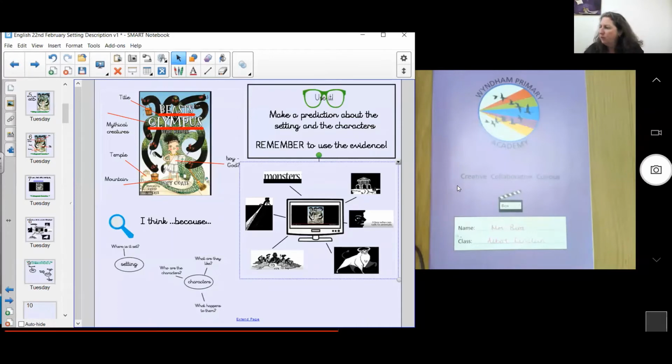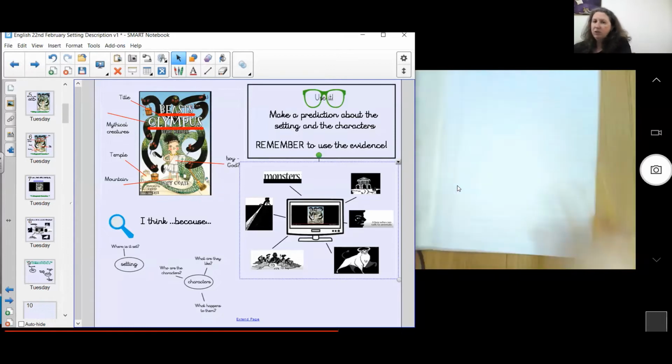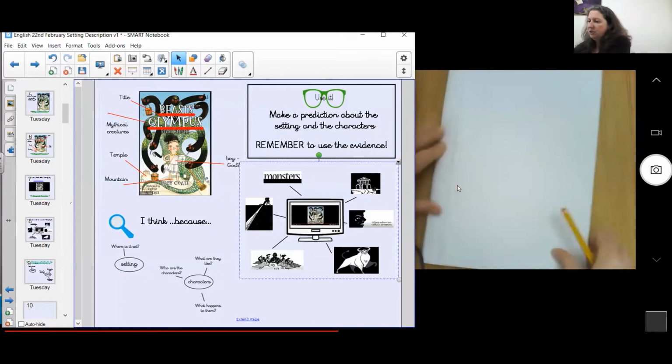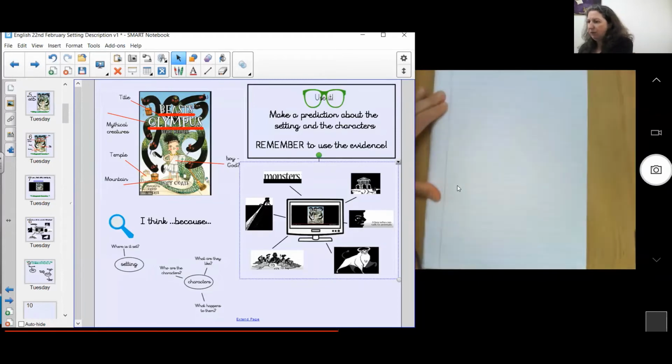So the first thing that we are going to do in our book is to write the date. So today's date is Tuesday, the 23rd of February. So we are going to write that at the top, making sure that we use our capital letters for the name of the day and the name of the month.